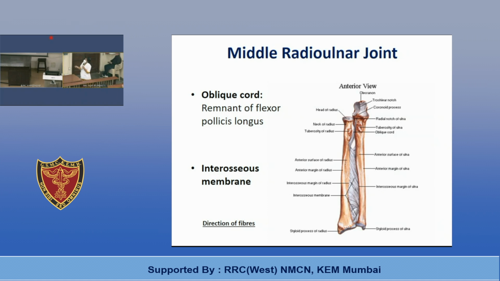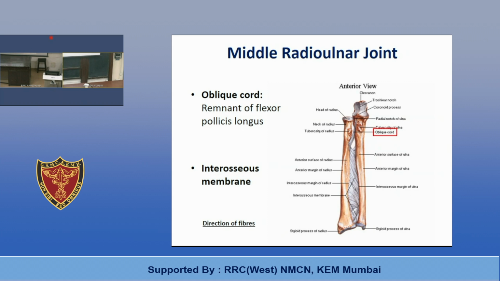Here you can see the oblique cord and where it is present. If you see the direction of fibers of the oblique cord and the direction of fibers of the interosseous membrane, it is different. The oblique cord extends from the lateral aspect of the ulnar tuberosity to the lower part of the radial tuberosity, directed from ulna towards radius.